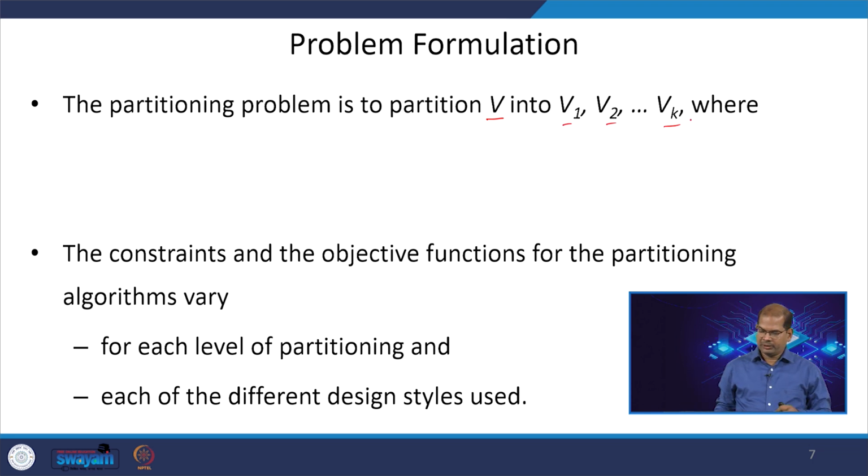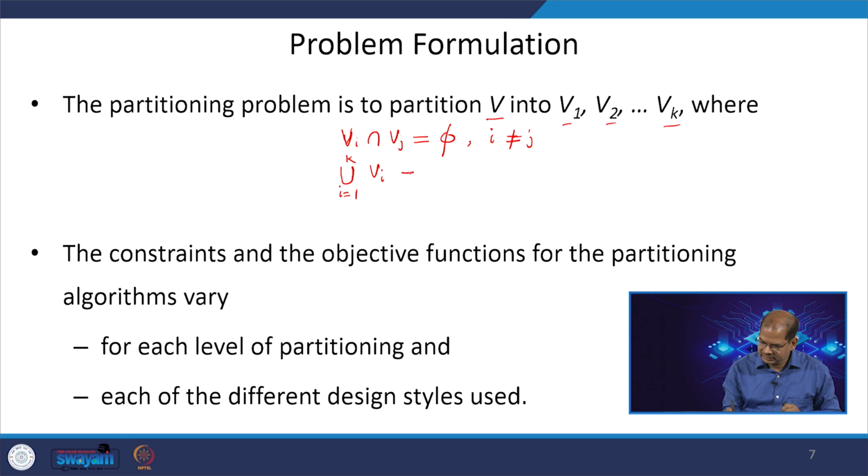So, basically what we are doing is that there should not be any kind of overlap between V1 and V2 or any of them. So, we can write that as Vi intersection Vj, there should not be any overlap, it should be null, if i is not equal to j, and the union of Vi for i equal to 1 to k is equal to your V. Okay.